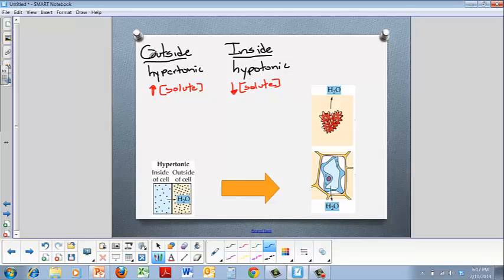Now, because I know my outside is hypertonic and has a high solute concentration, then by default there's going to be a low water concentration. And on the inside, if I know I have a low solute concentration, then by default I'm going to have a high water concentration. Remember that all of this is relative, in relation to each other. So the outside: high solute concentration, low water concentration. Inside: low solute, high water.